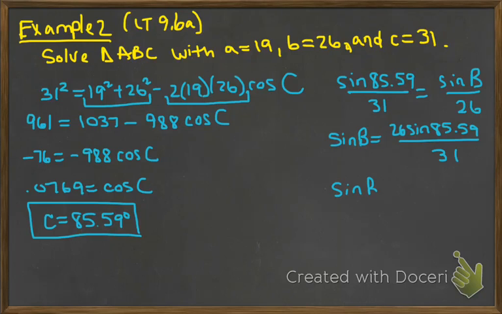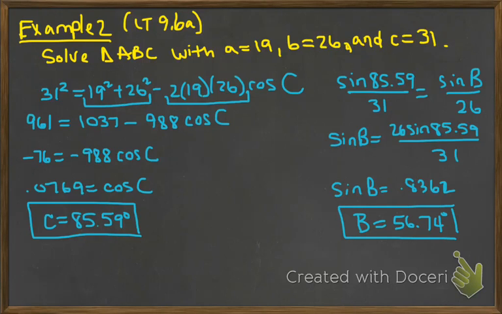And when I do that, I get that the sine of B is equal to 0.8362. So I'm going to go ahead and do the inverse sine of that. And when I do that, I get that B, or angle B, is equal to 56.74 degrees. So I've now found two of my angles. I need to find that third angle.